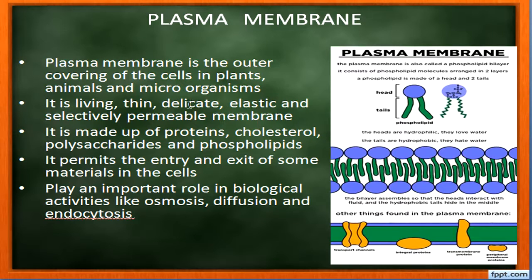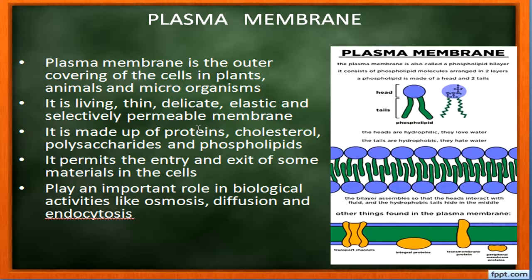It is otherwise called the selectively permeable membrane, because it selects certain molecules only and allows them to enter into the cell. Whatever substances enter the cell, such as oxygen or carbon dioxide or water, will enter only through the plasma membrane. Understood?